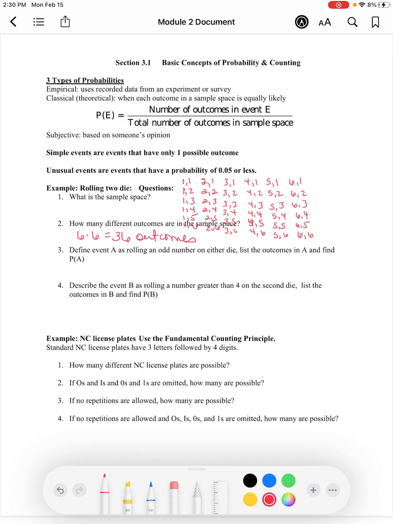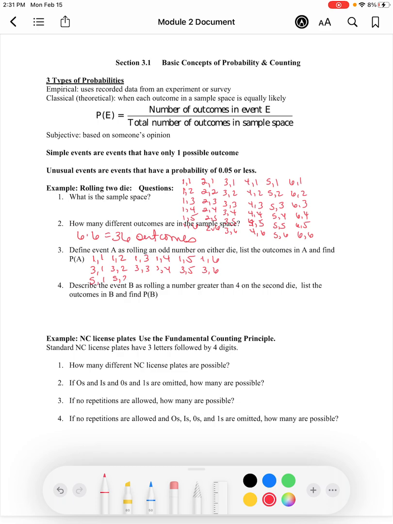So an odd number on either die would be all of the 1s, 1 and a 1, 2, 3, all of the 3s for the first die, and all of the 5s for the first die.